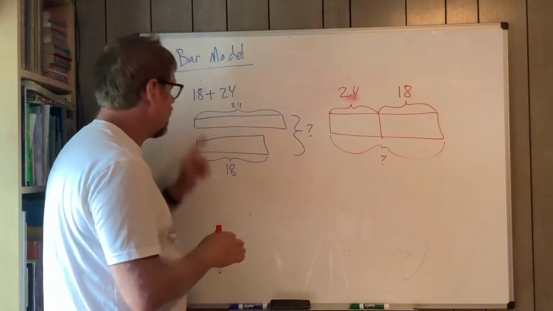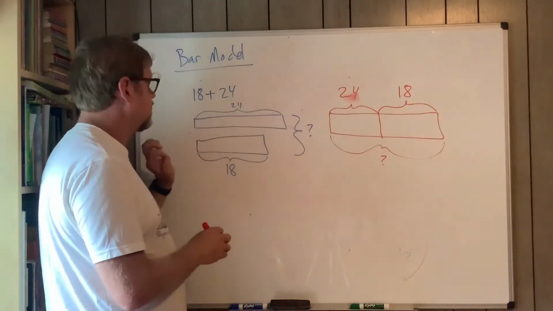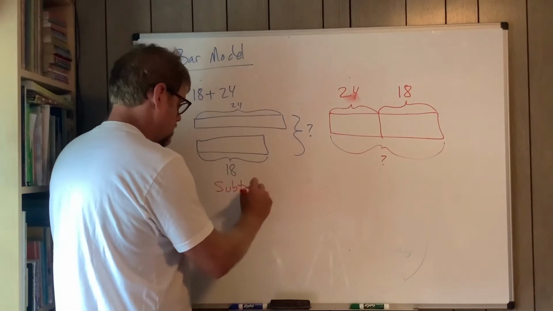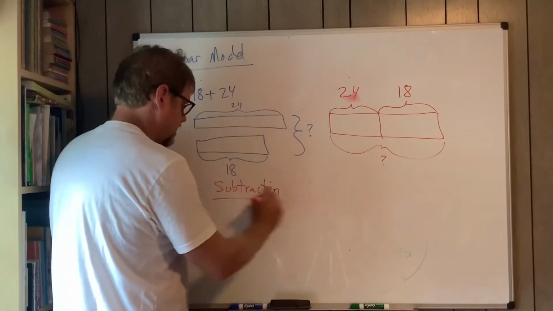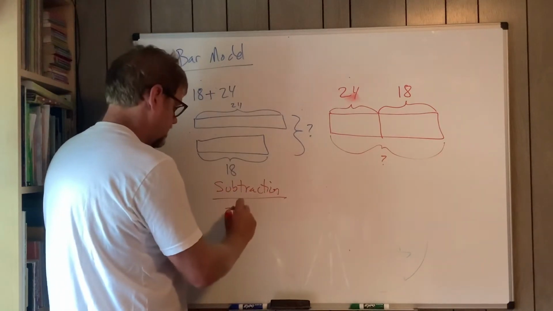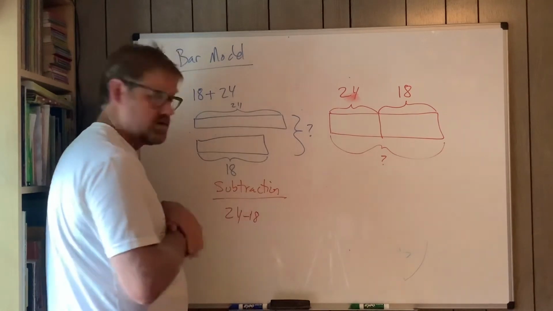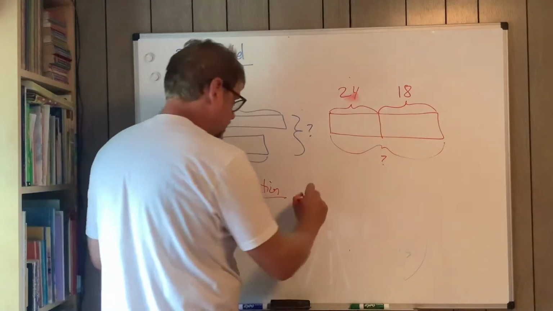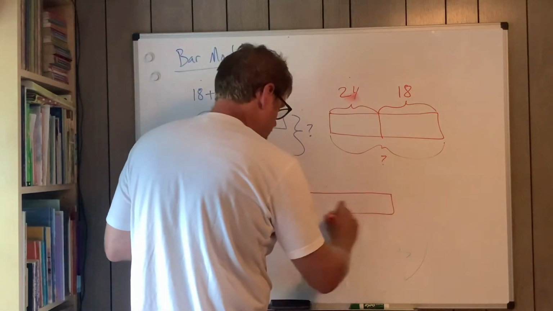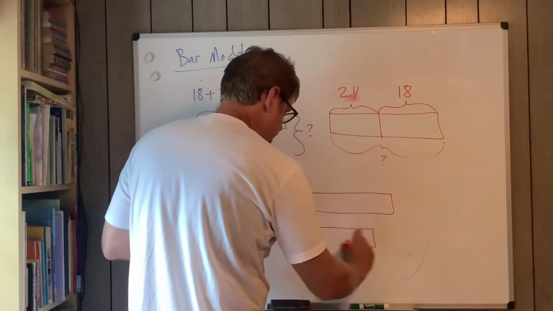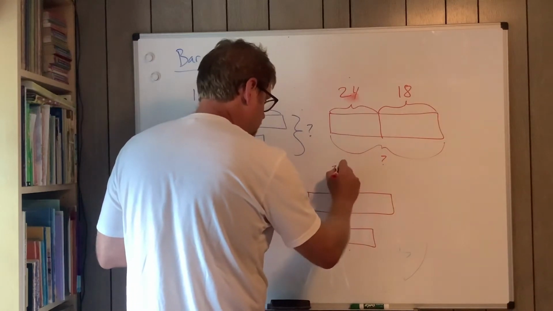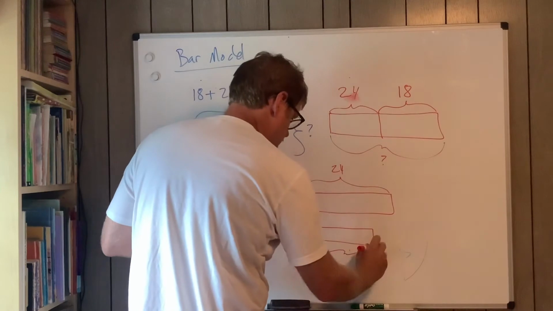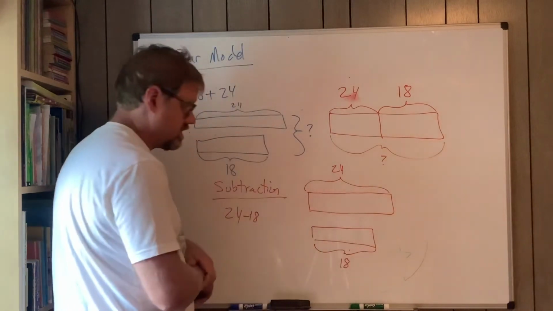So one thing to note, the only other thing I'm going to really talk about this is if I have subtraction instead, and let's say I did 24 minus 18, well, we still have the same two length bars. So let's say that one's 24 and that's 18. So 24, and there's 18, right?